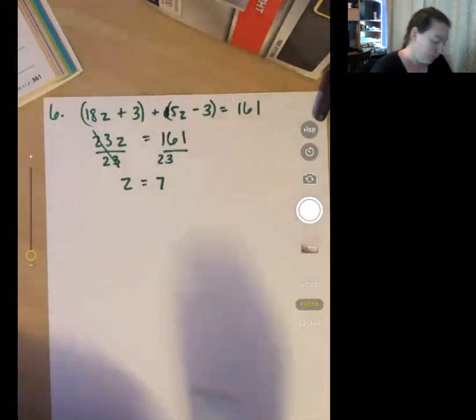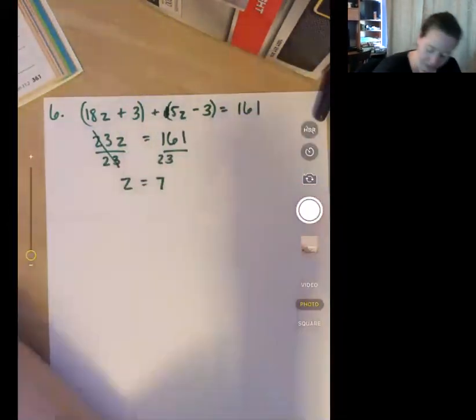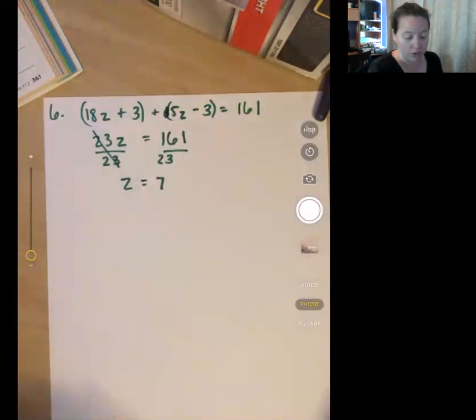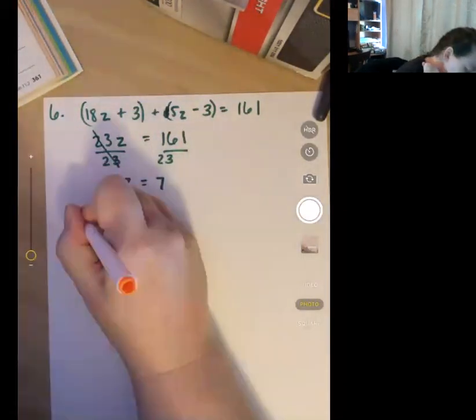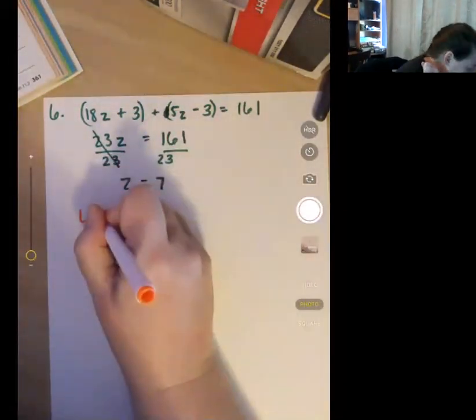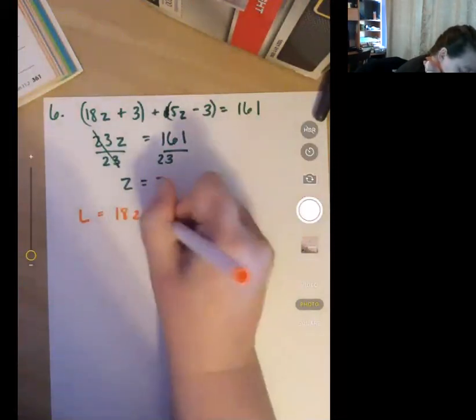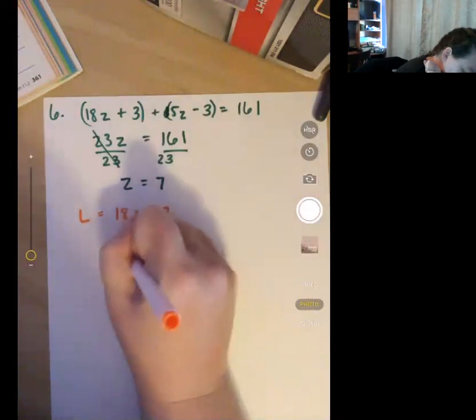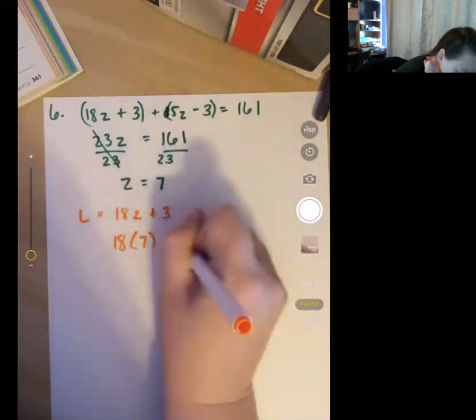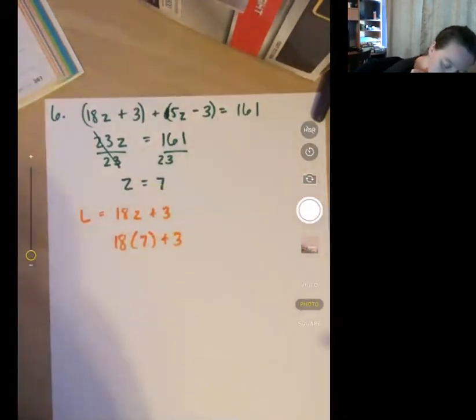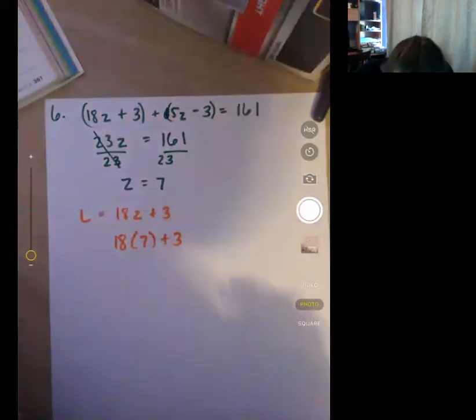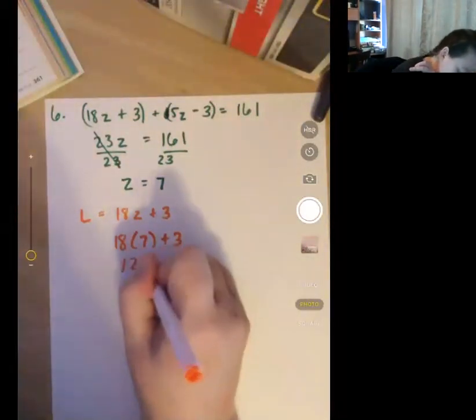Okay, so for angle L, now we need to go through and do all of our separate angles. Angle L is 18z plus 3. So 18 times 7 plus 3. 18 times 7 is 126.